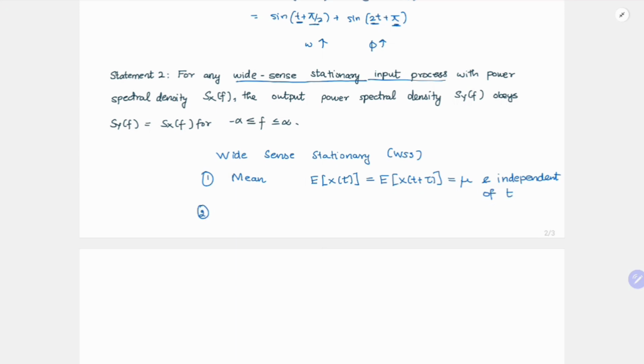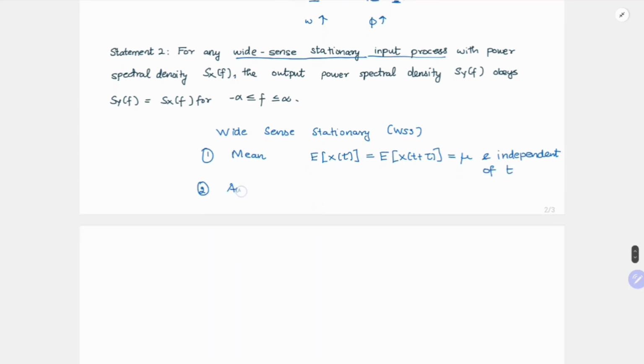And the second one is its autocorrelation function, Rx of t1 comma t2. Here again it is not depending on the absolute value of the times. It is only depending on the difference between these two times. So in other words, it depends only on the time difference between the points. So if a process satisfies these two properties, it is called wide sense stationary.